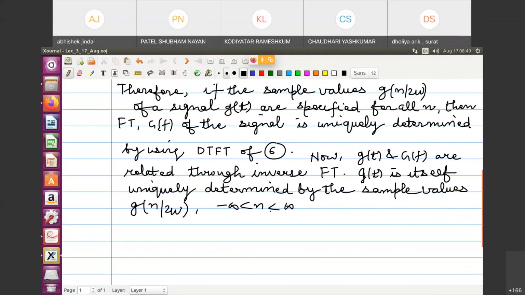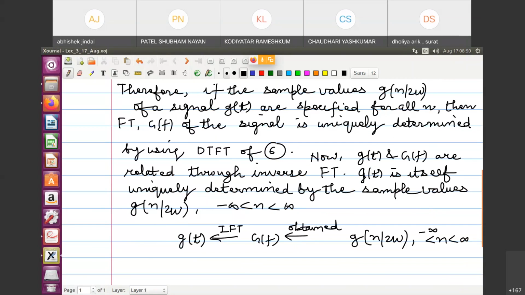Okay, let us see. So G(f), let me write it like this. We can see that g(t) can be obtained from G(f) by inverse Fourier transform, and G(f) can be directly obtained or approximated, whatever you say, from the sample values, n from minus infinity to infinity.